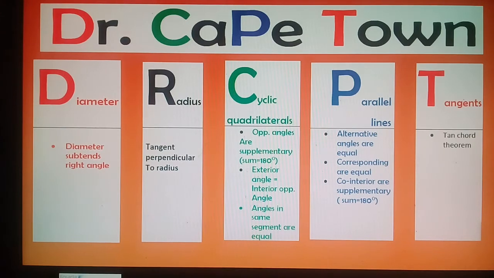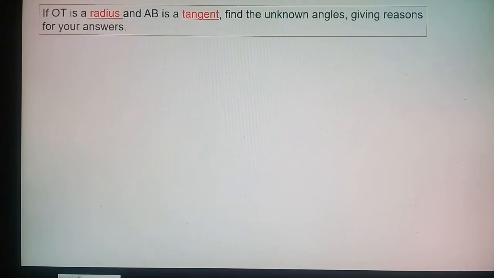Ladies and gentlemen, allow me to do an example based on Dr. Cape Town. Okay, let's look at this one. They say if OT is a radius and AB is a tangent, find the unknown angles, giving reasons for your answer.